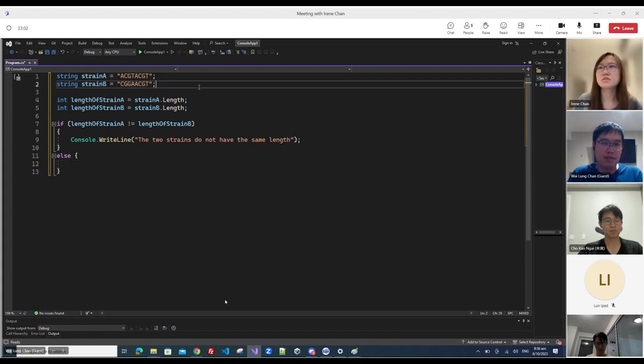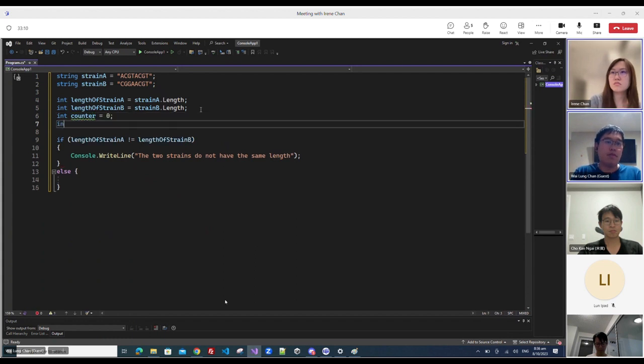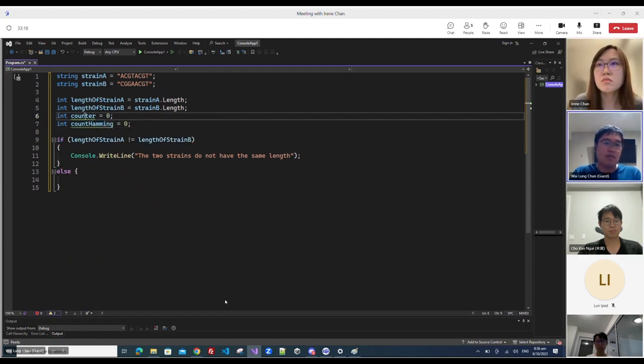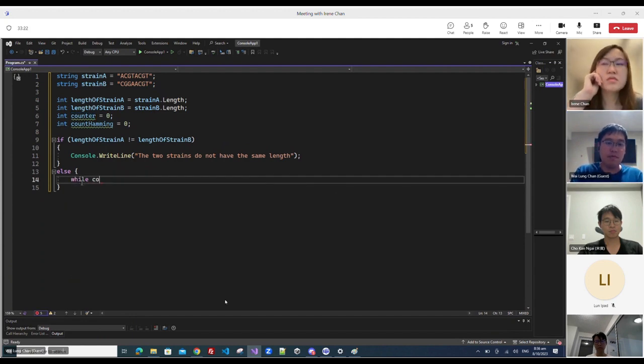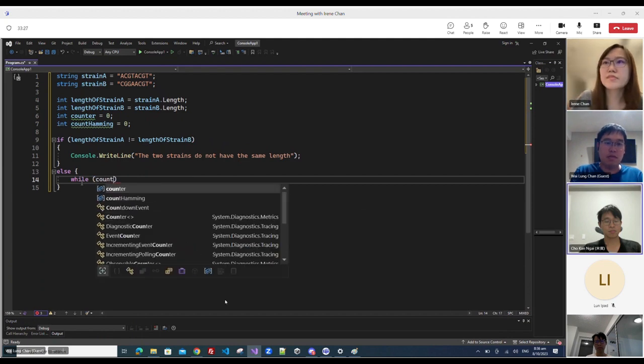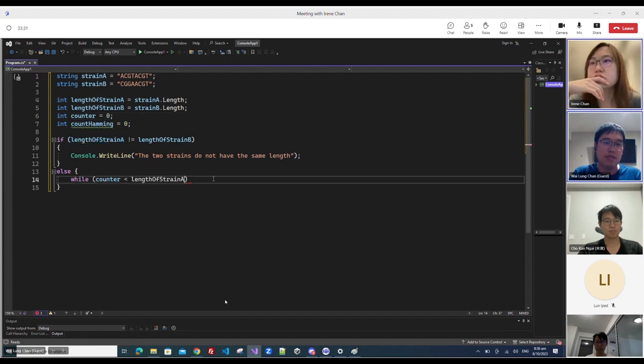Here. Okay. Let counter be 0, and while counter is smaller than either one.